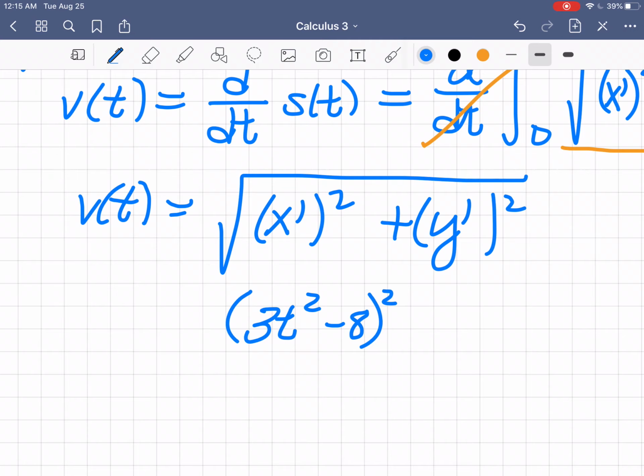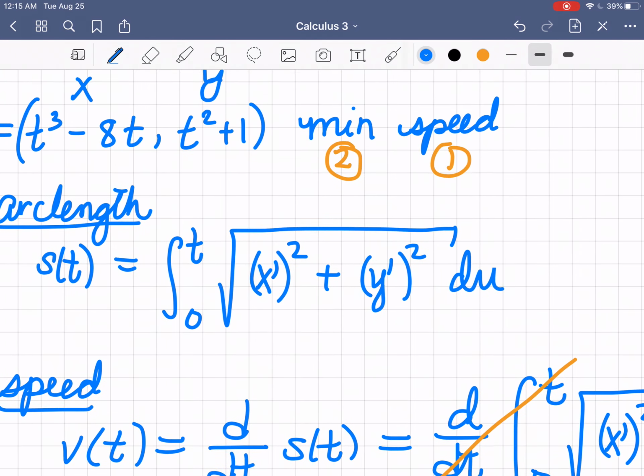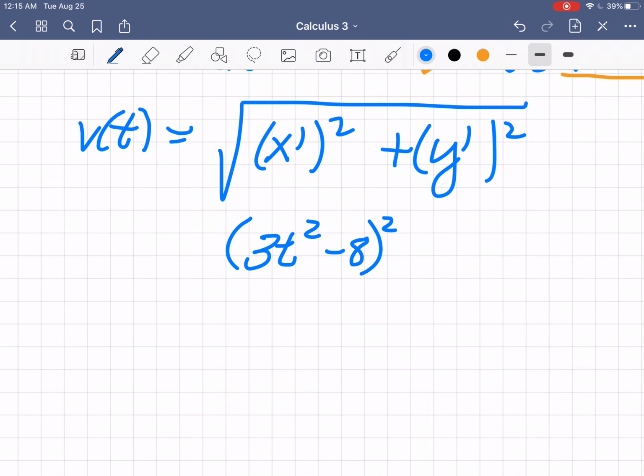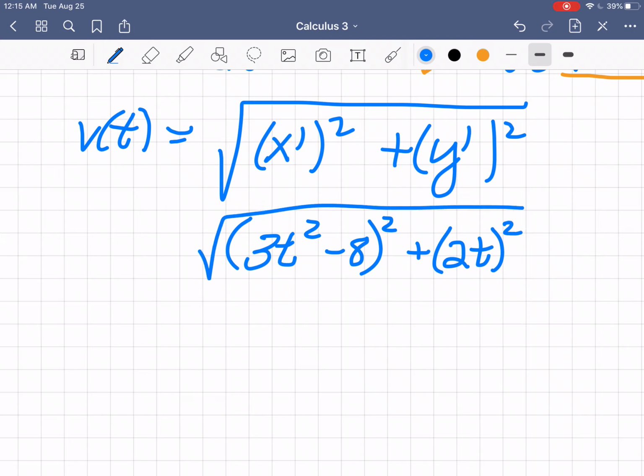That's x prime. Y is t squared plus 1, so we end up getting 2t for y prime, and that needs to be squared.